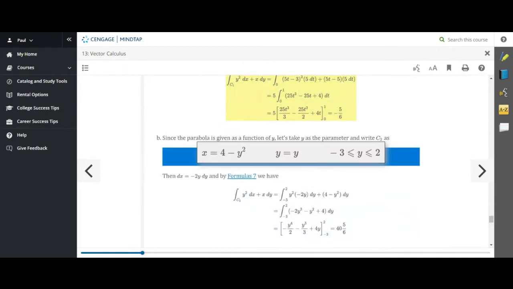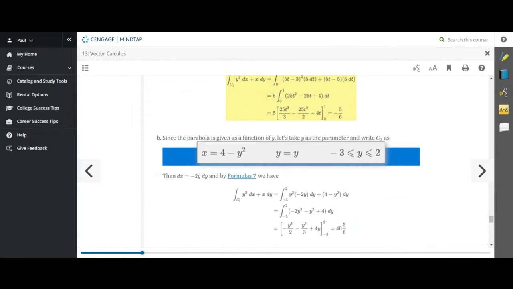If we let y be our parameter, then x is 4 minus y squared, and y goes from -3 to 2. Then dx equals -2y dy, and dy equals dy.